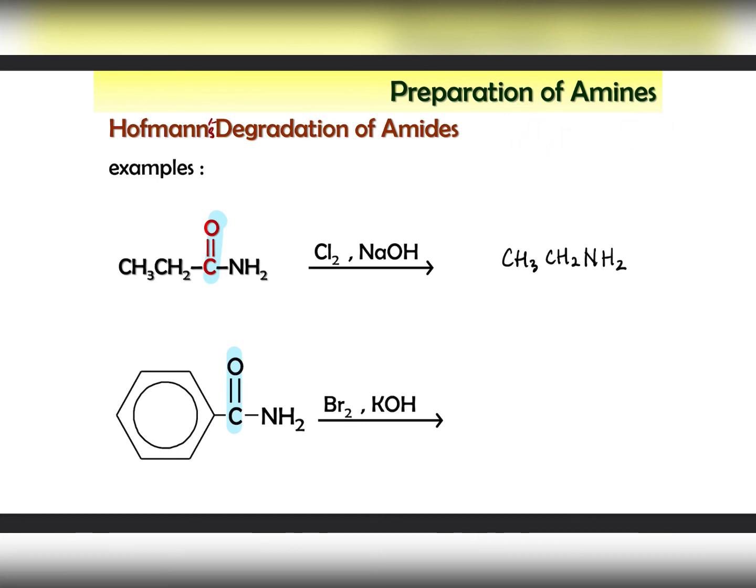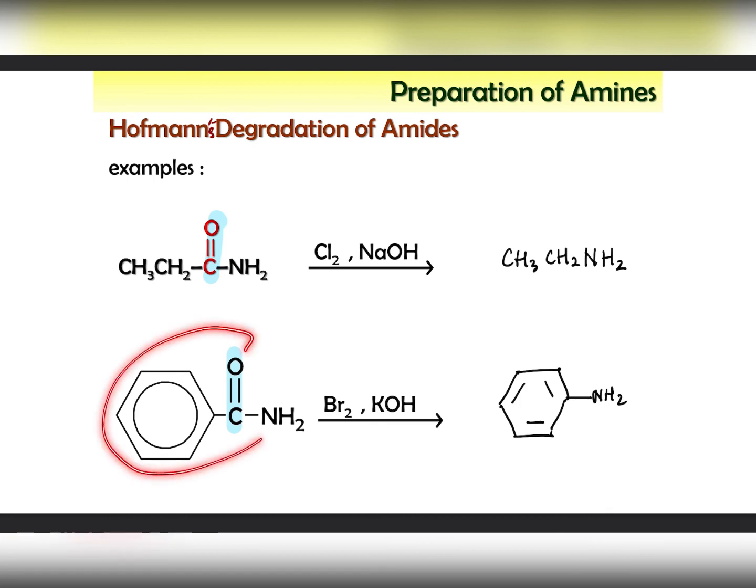Alright, so next let's have a look at this example. So ini ada C double bond O dekat sini, kita akan removekan dia. So your final product will be this aniline. Okay, so kamu akan form this aniline from this amide.